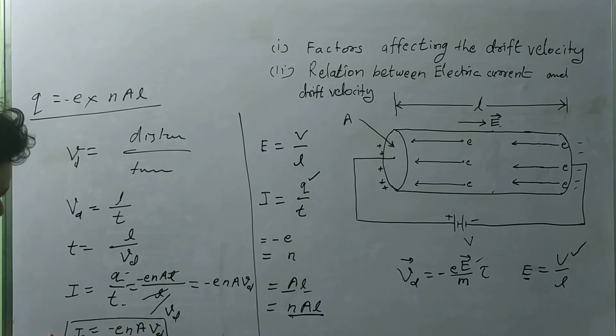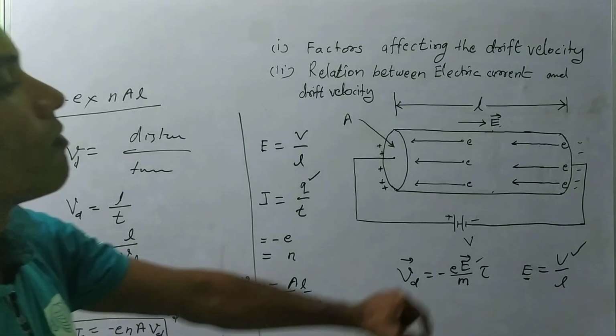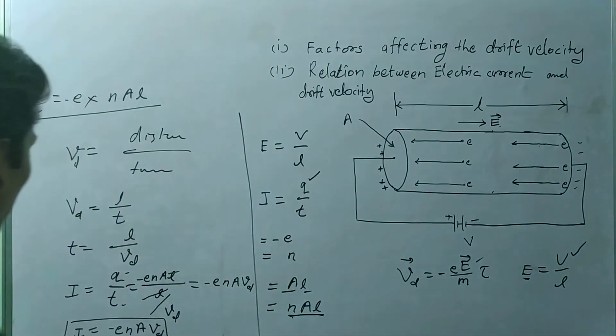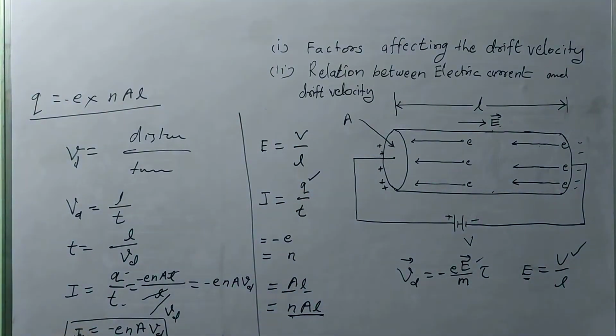This is the formula of current flowing through the conductor, and the relation between the current and the drift velocity of electrons.